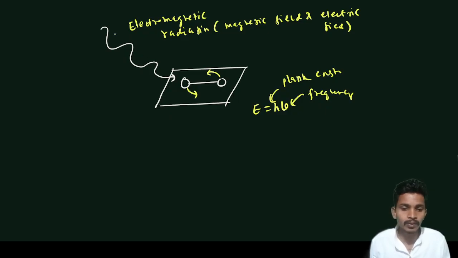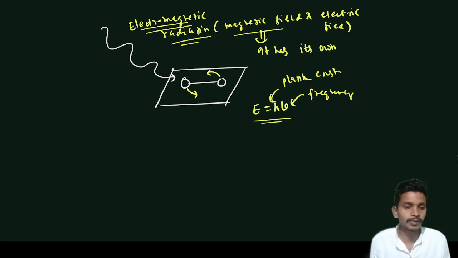So if we are giving electromagnetic radiation, say microwave, it means a magnetic field and an electric field are there. Whenever we give it to the molecule, which is already rotating with some frequency, this radiation has its own frequency.